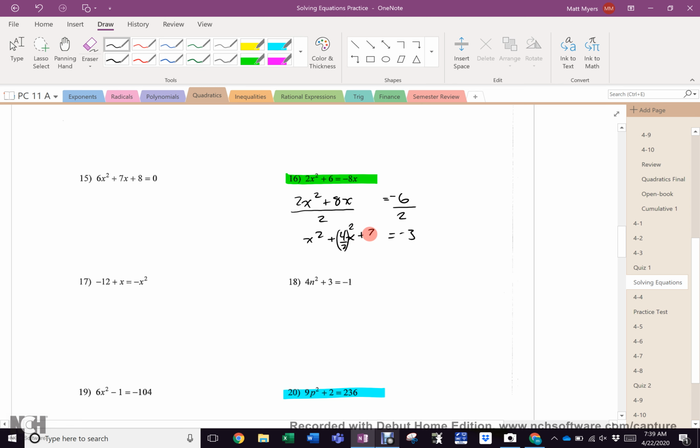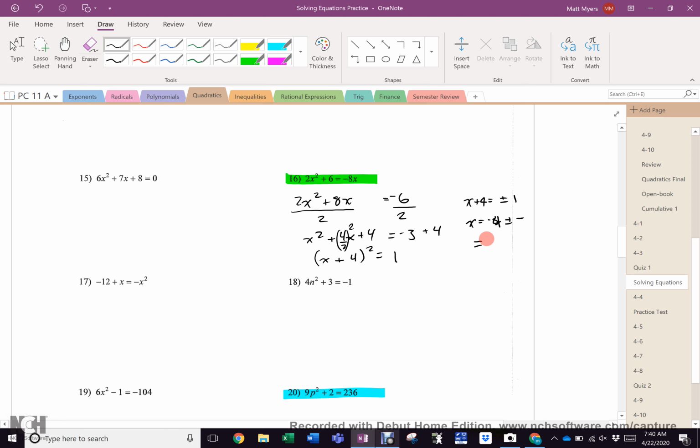2 squared is 4, plus 2 plus 2. Half of 4 is 2. 2 squared is 4. x plus 4 squared equals 1. Square root both sides. x plus 4 equals plus or minus 1. x equals negative 4 plus or minus 1.